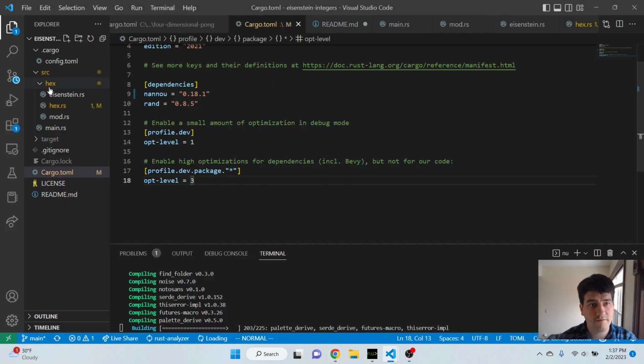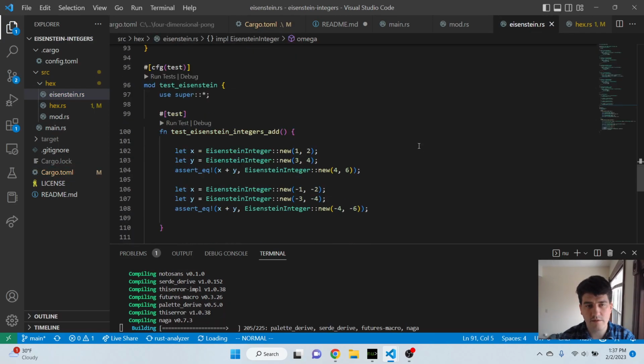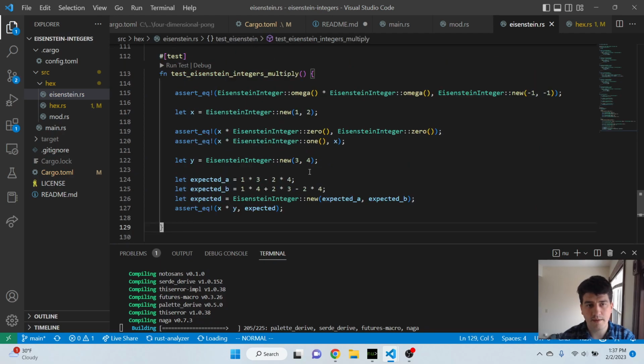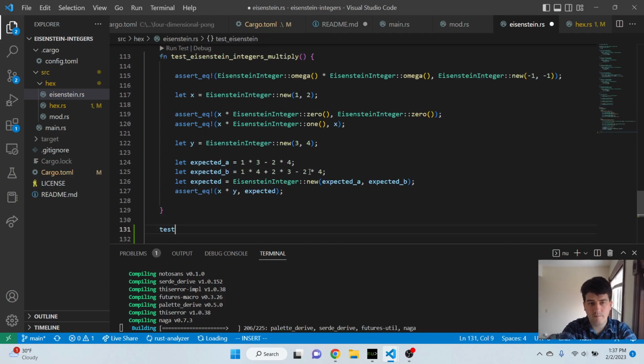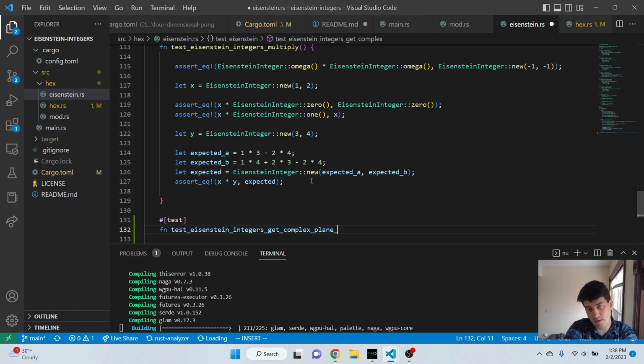Let's add a function to Eisenstein that says test Eisenstein integers get complex plane get coordinates.